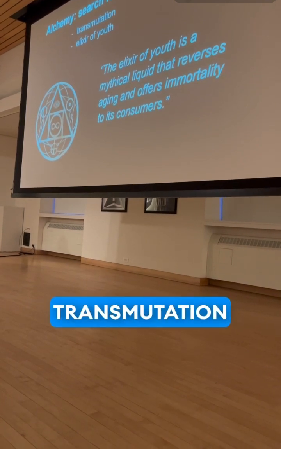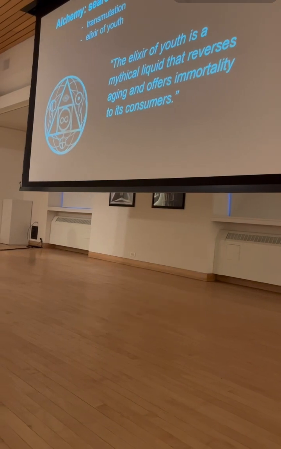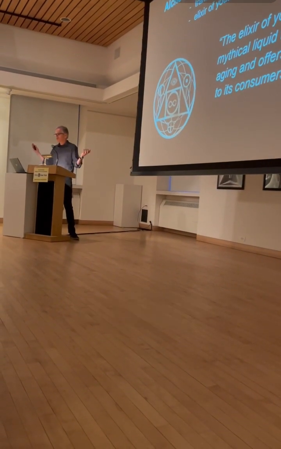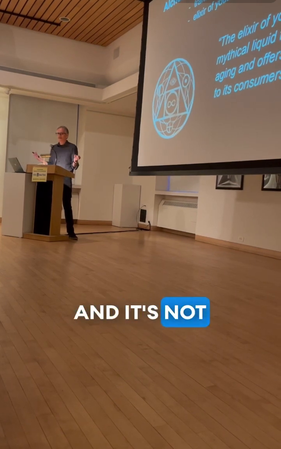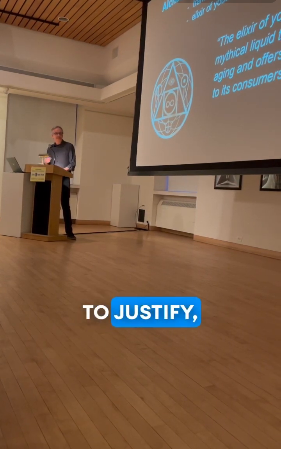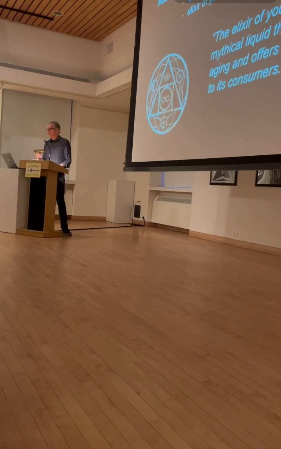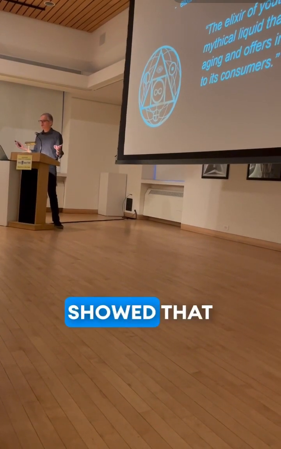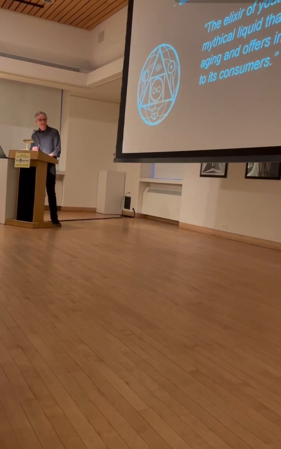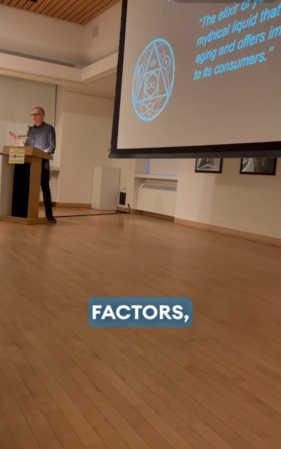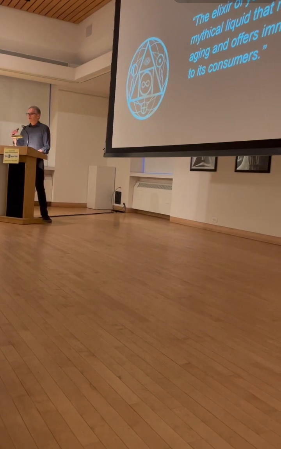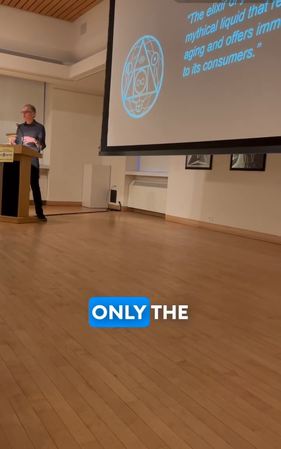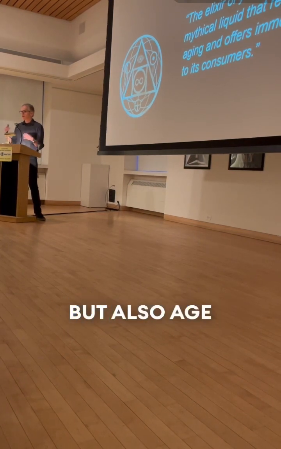So I told you that transmutation is something that happens in biology, in nature, and it's relatively easy to justify. But the elixir of youth was always something that people joked about, that alchemy never actually showed that something like that could exist. But we think that with these transcription factors, we might eventually be able to change not only the type of cells that we produce, but also the age of these cells.